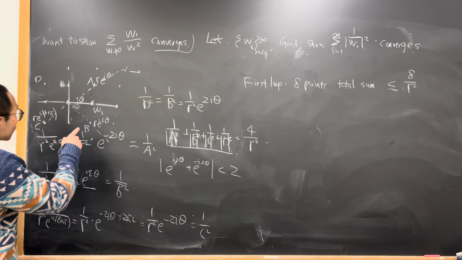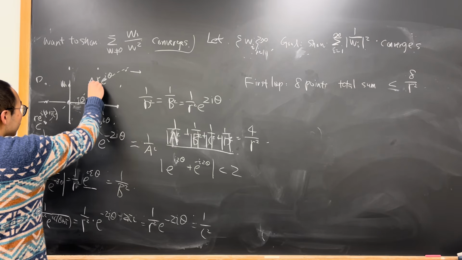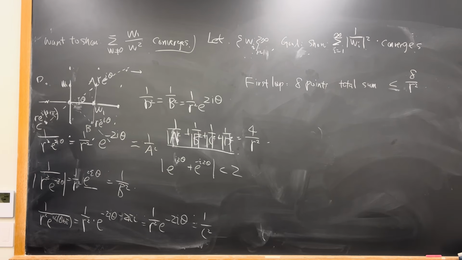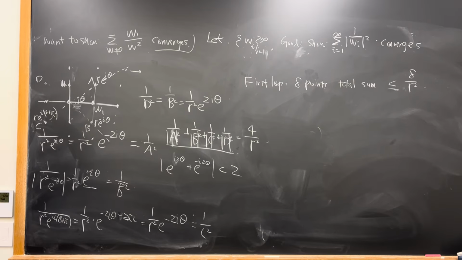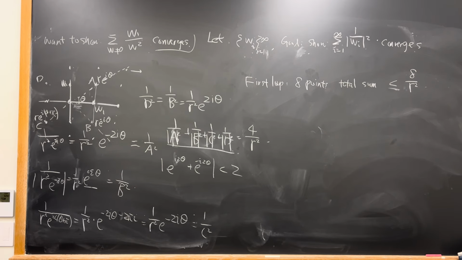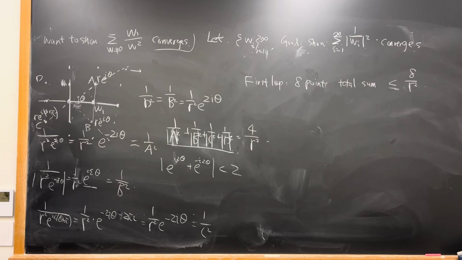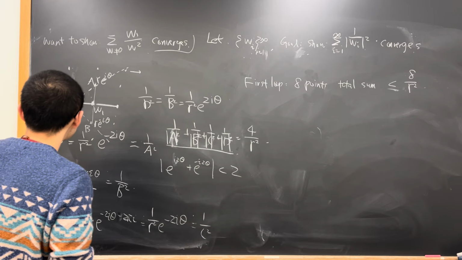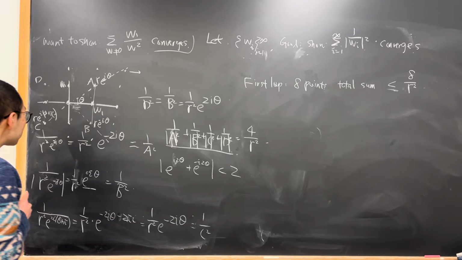Okay. So the first loop, the side has length 2, right? So therefore, the total amount of the loop is 4 times 2 minus 4. Sorry, 4 times 3 minus 4.